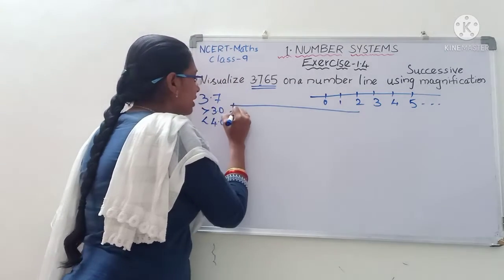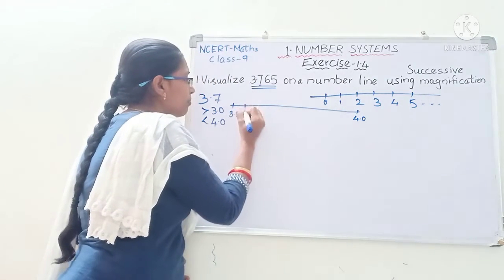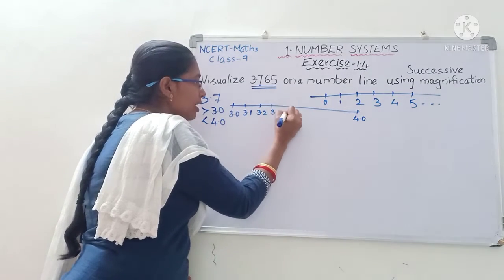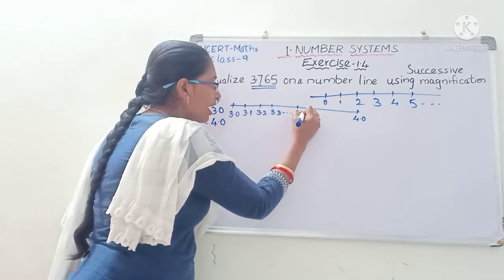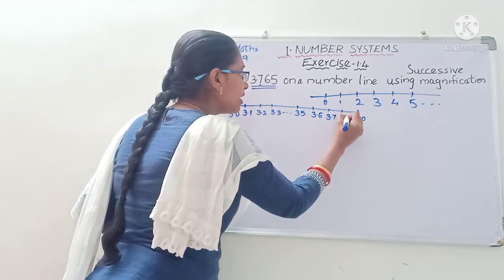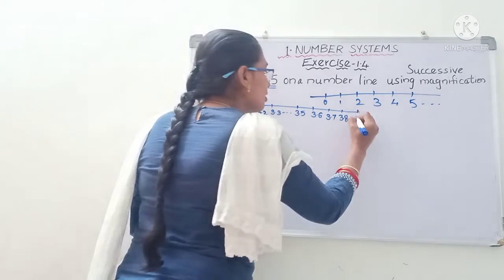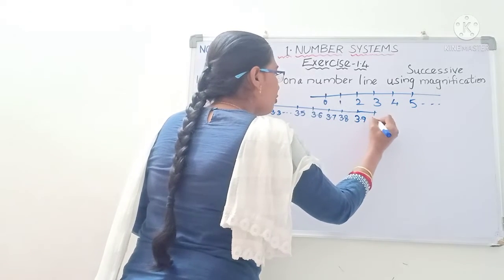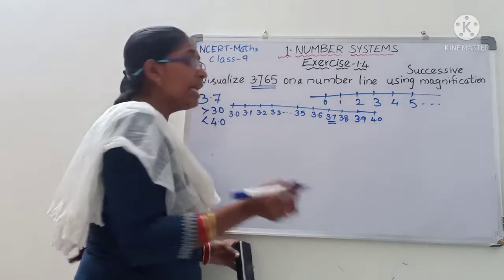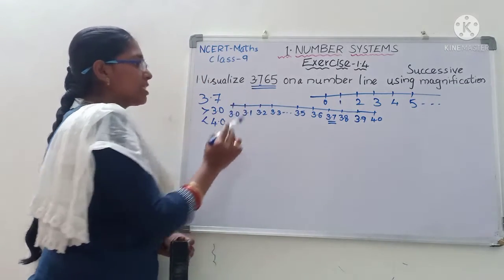Between 3.0 and 4.0, divide it into 10 equal parts. 3.1, 3.2, 3.3 and so on. You get 3.5, 3.6, 3.7, 3.8, 3.9 and 4.0. So you are able to locate 3.7 on the number line, children. It is between 3.6 and 3.8. So we located till one decimal point.